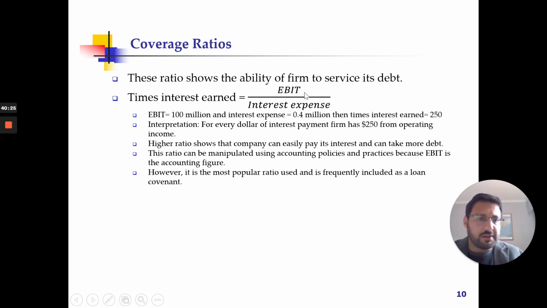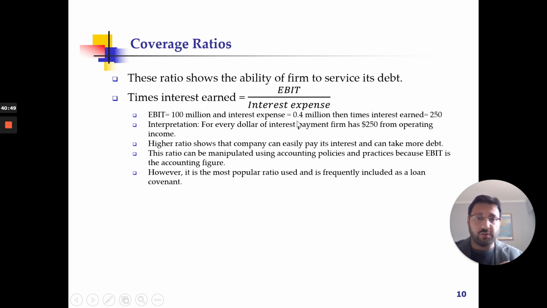So some people add back the depreciation and amortization, a number that can come from the cash flow statement, and then calculate it. But mostly this ratio is calculated as it is, which is EBIT divided by the interest expense. In other words, divide the operating income by the interest expense and you will have that number.